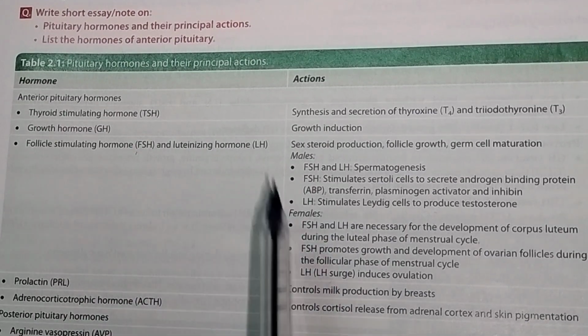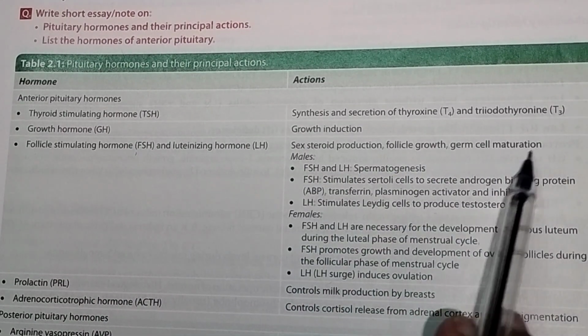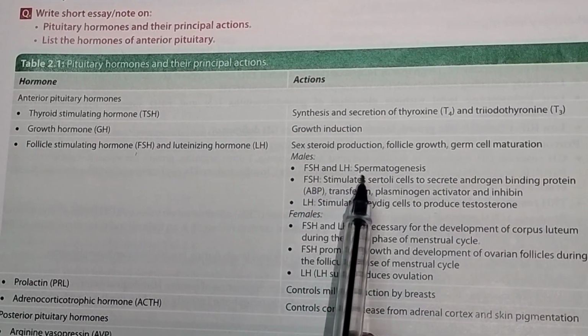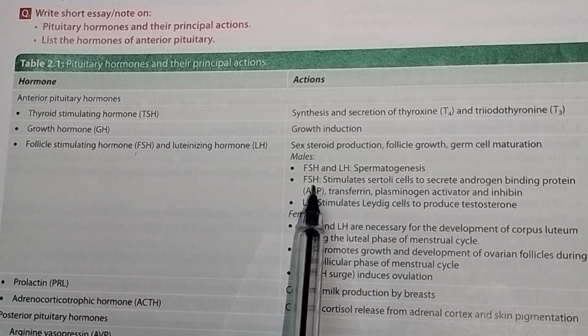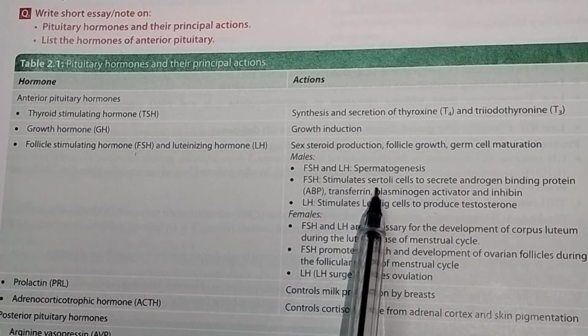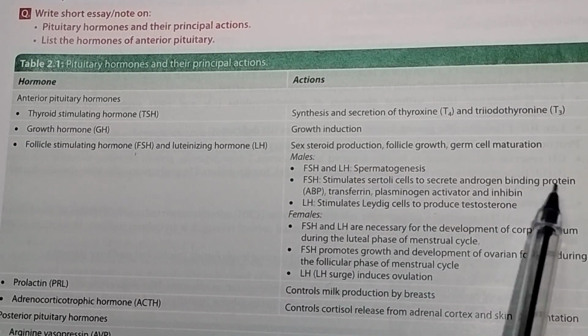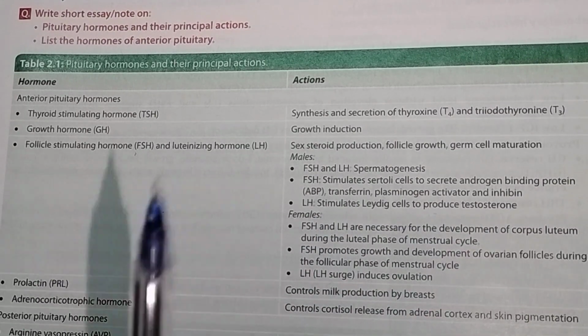What do these do? Sex steroid production, follicle growth, germ cell maturation. In males, FSH and LH help in the production of sperm, that is spermatogenesis. FSH stimulates Sertoli cells to secrete androgen binding protein, transferrin, plasminogen activator, and inhibin.